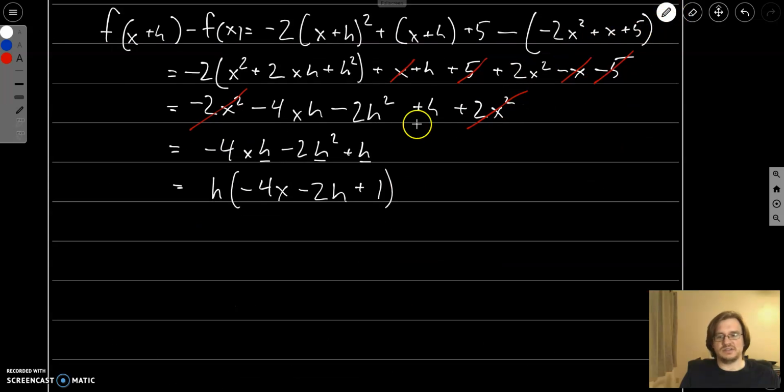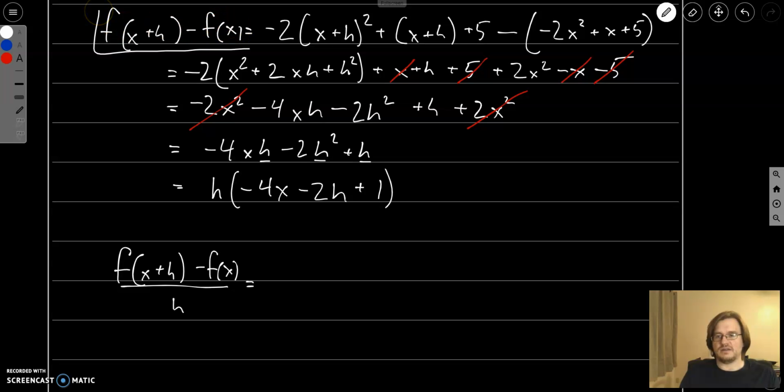So the difference quotient is going to be f of x plus h minus f of x all over h. This top bit, we've found f of x plus h minus f of x. We simplified it down here.